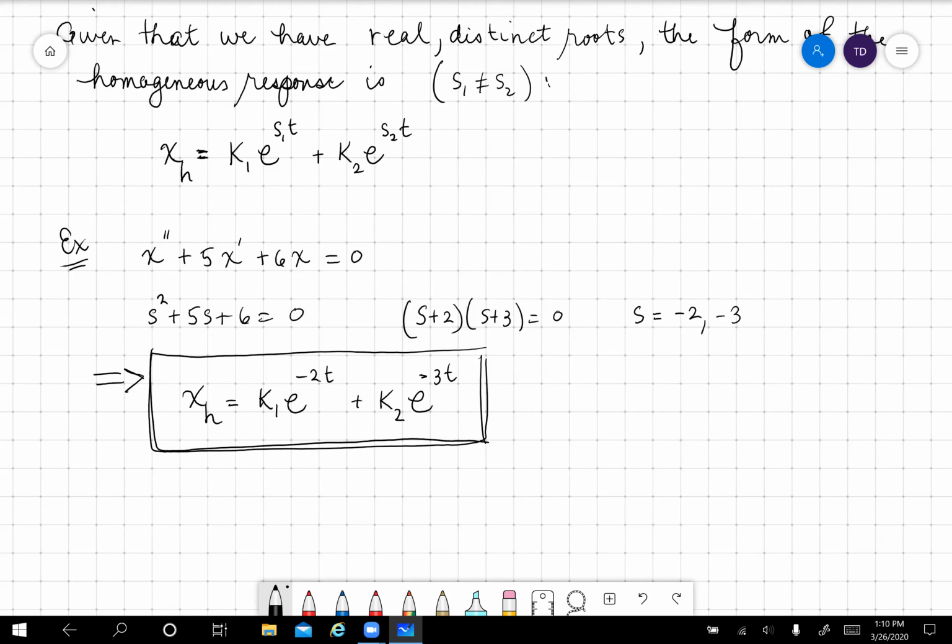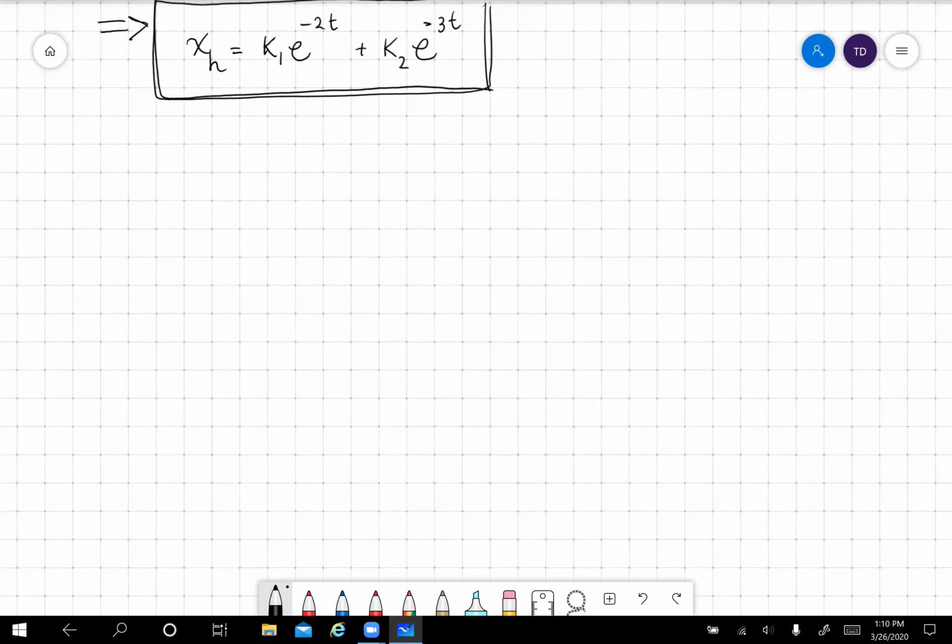Now, some of you might not believe me. So here's what I'm going to do. I'm going to do a check here. In this case, I'm going to check by knowing the following. xH equals K1 e to the -2t plus K2 e to the -3t. I need its derivative.